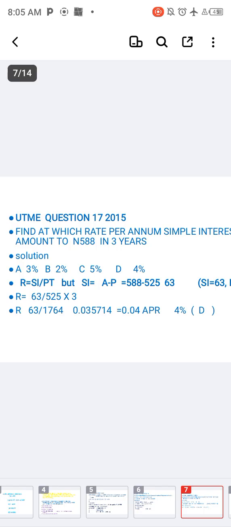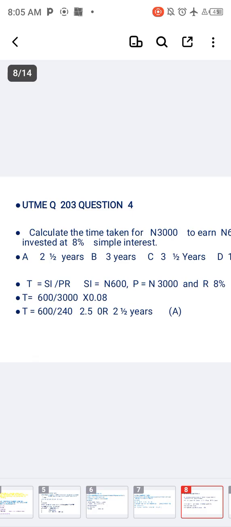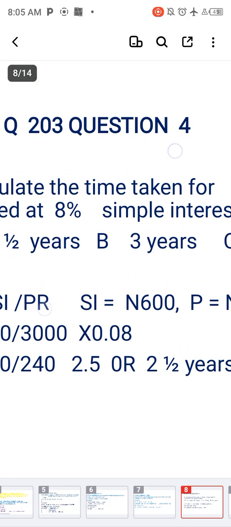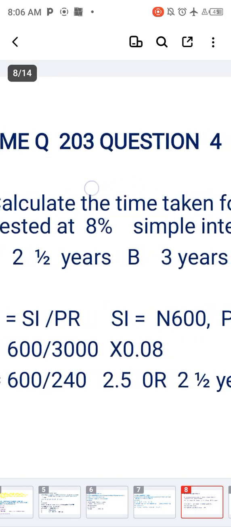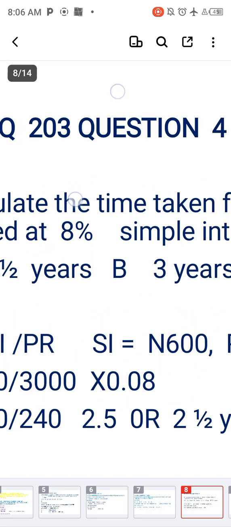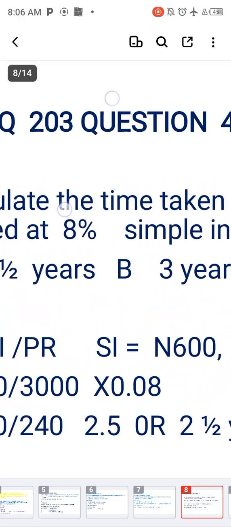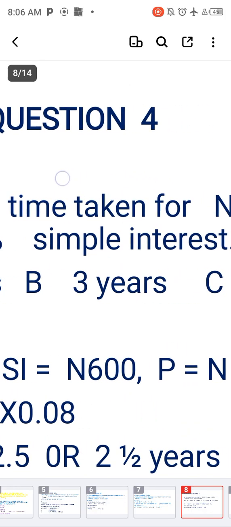The next question is question 4, University Matriculation Examination 2003. That is 2003, not 203.